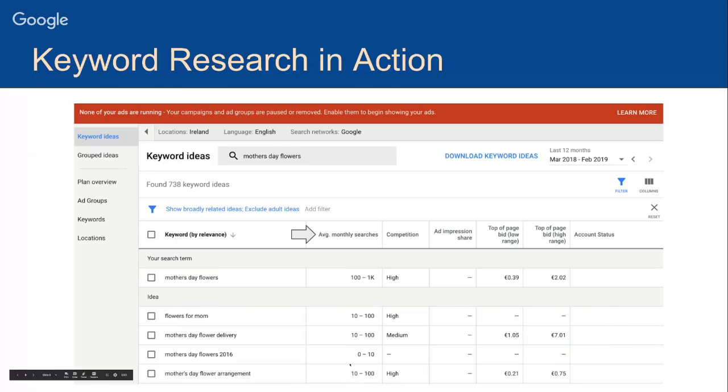Next is competition. And competition is a way of telling you how popular a keyword is for advertisers, because we're on a PPC platform, a paid advertising platform.